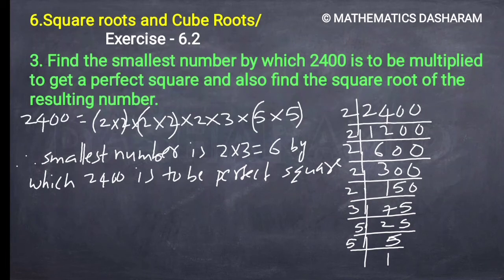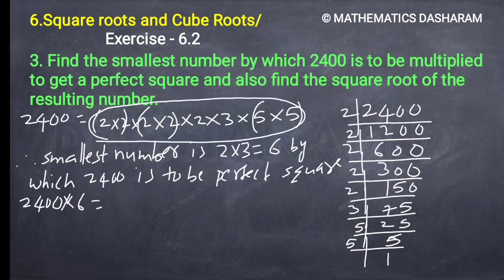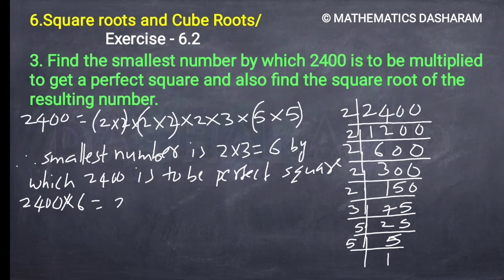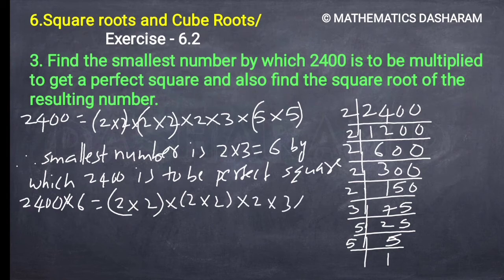So now 2400 multiplied by 6. 2400 equals 2 into 2, 2 into 2, 2 into 3, 5 into 5. Now multiply with 6, and 6 means 2 into 3. So for the 2 twos, one 2 will come.